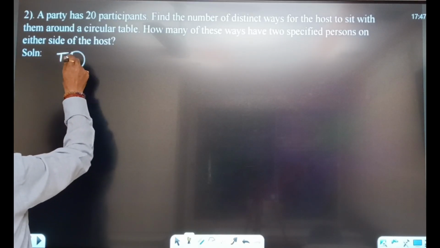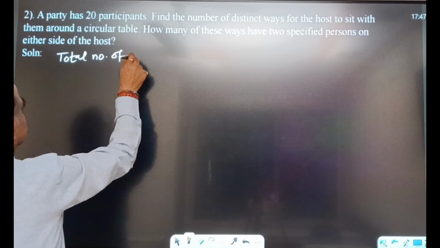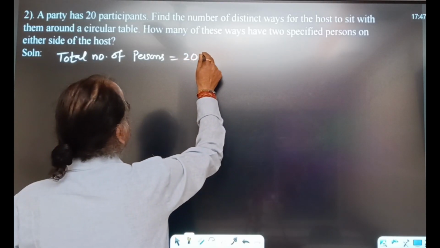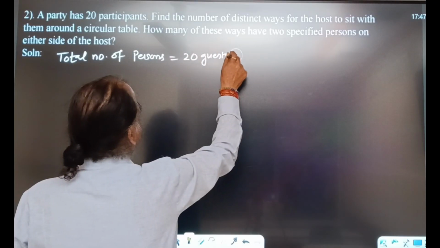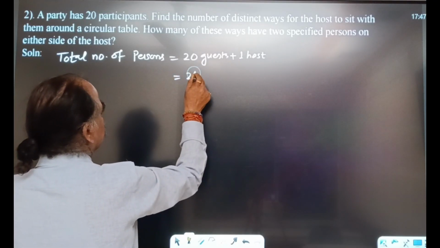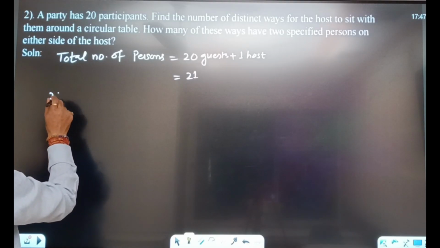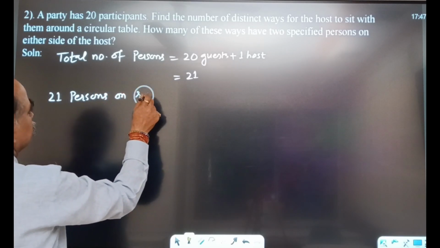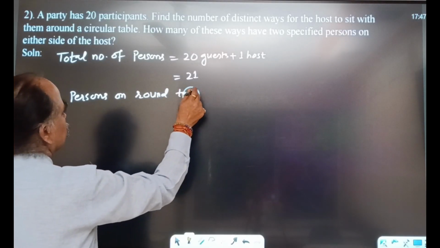Since 2 specified persons are always on either side of the host, therefore the 2 specified persons along with the host we will take as one group.